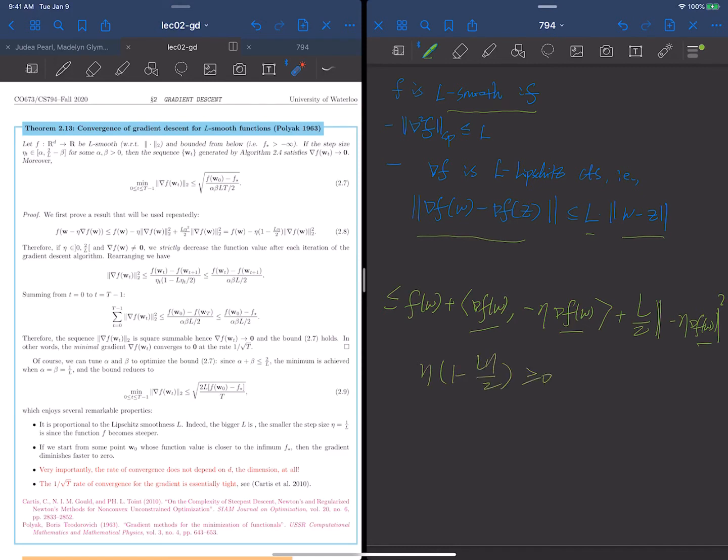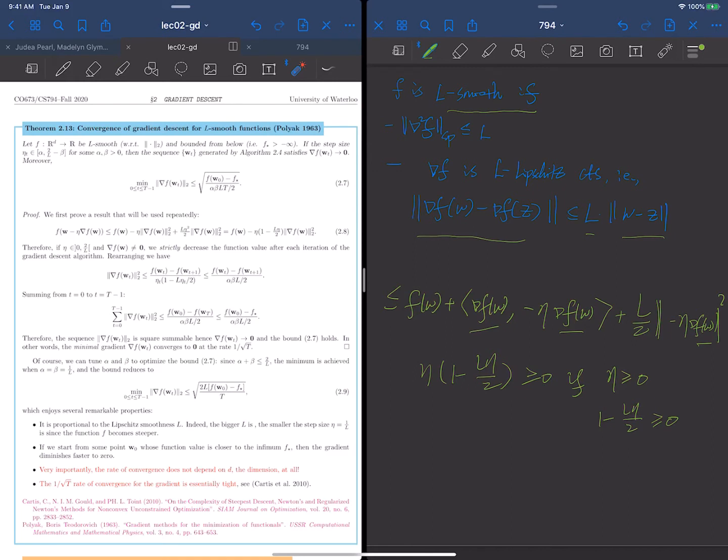This is positive if eta is greater than 0 and 1 minus L eta over 2 is greater than 0, that means eta is smaller than 2 over L. And this is why we have this condition, and this justifies why we choose the step size in this manner. Because if you choose your step size this way, after one gradient descent step you're going to strictly decrease the function value, unless the gradient is already 0.